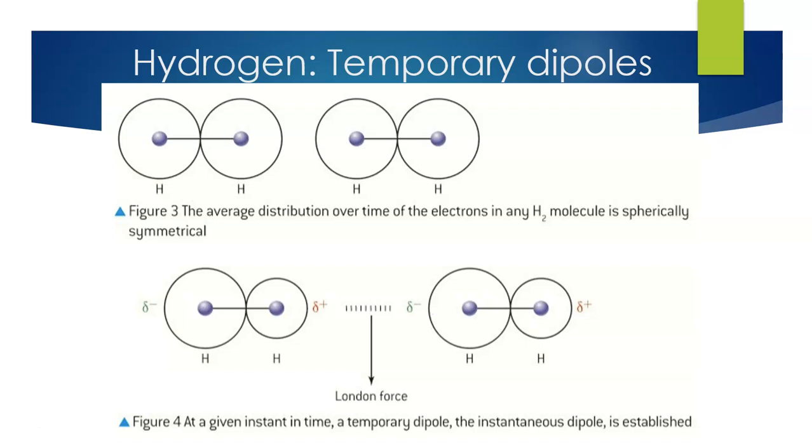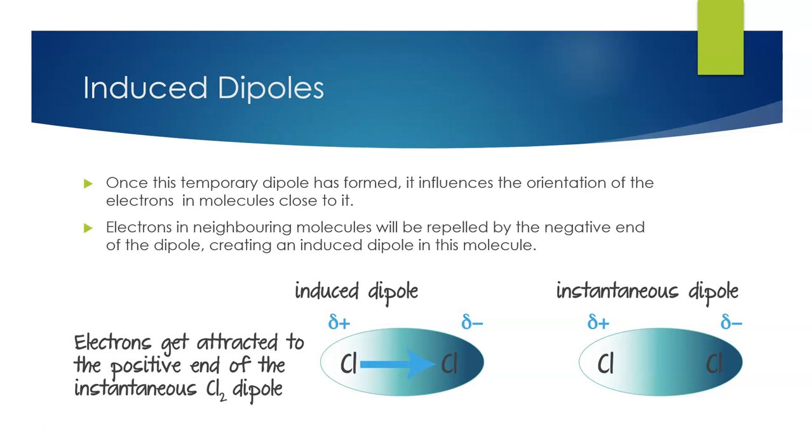All molecules, whether they're polar or non-polar, will experience instantaneous temporary dipoles, which means that they will experience induced dipoles, which are when they get close to something that has an instantaneous dipole.